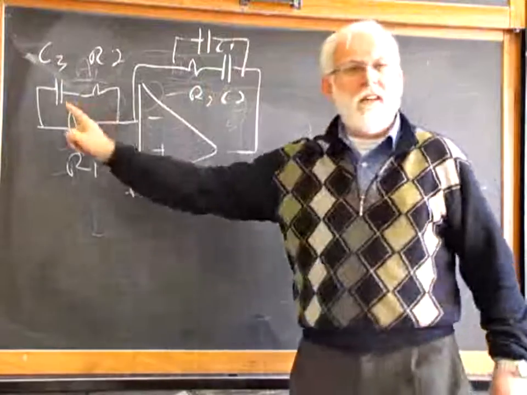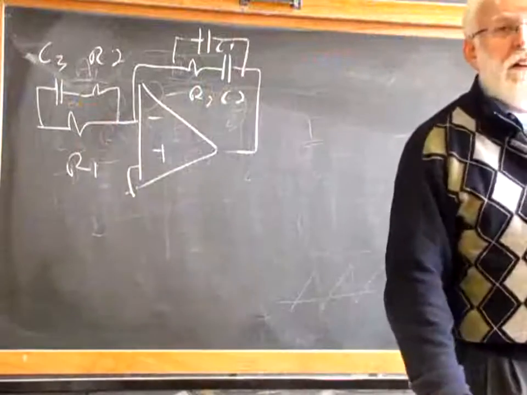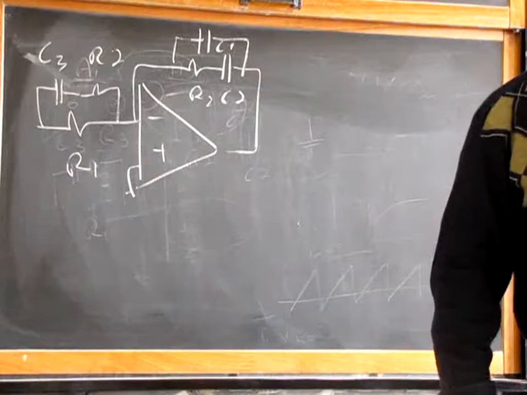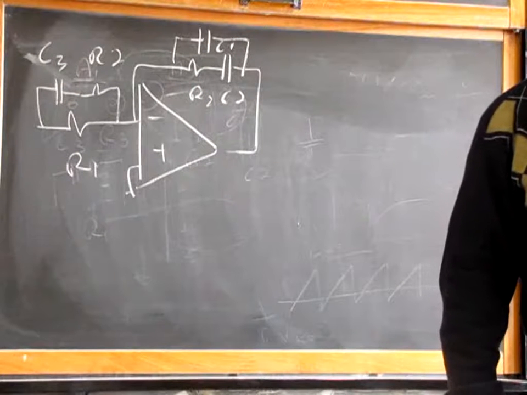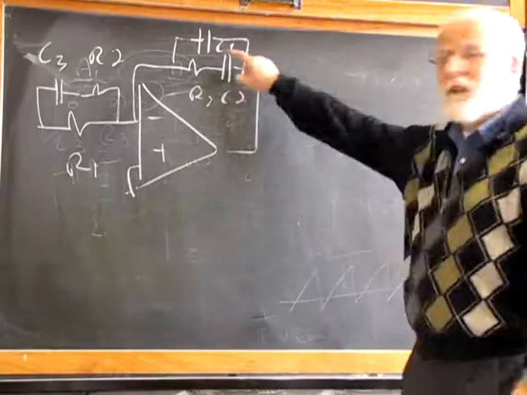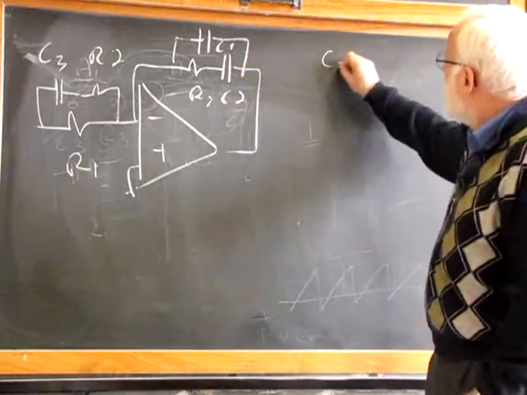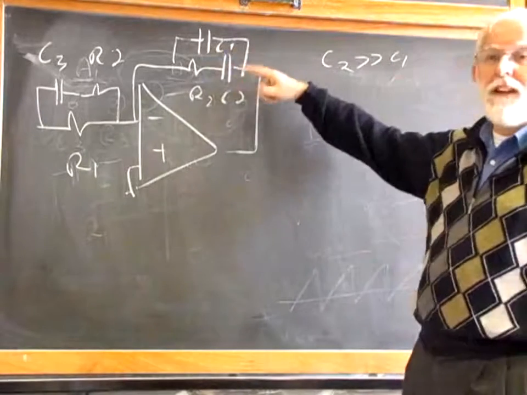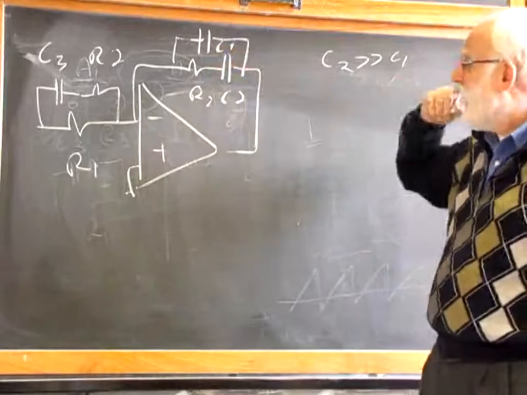Looking for the pole given by C3. This is a third order system, three poles, three capacitors. Do these capacitors interact with each other? Well, these two interact, but we know that C2 is quite larger than C1, so we just simplified our expression to try to compensate.